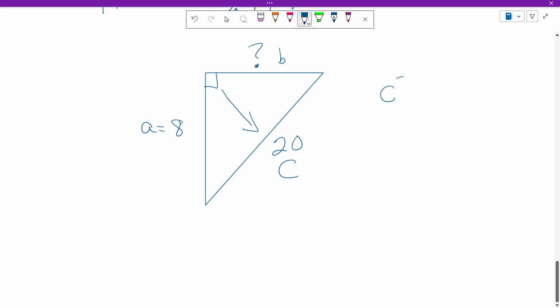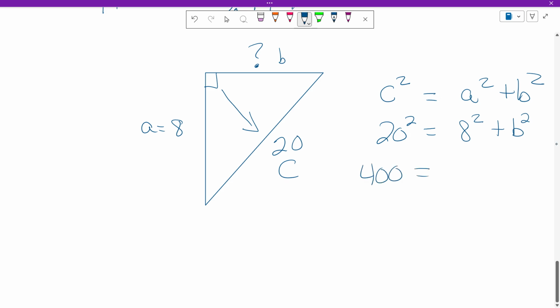C squared equals A squared plus B squared. Always write it like that first. What's C? 20 squared equals 8 squared plus B squared. So 400 equals 64 plus B squared. Do I take the square root of each side?